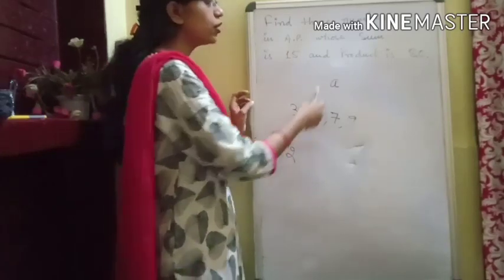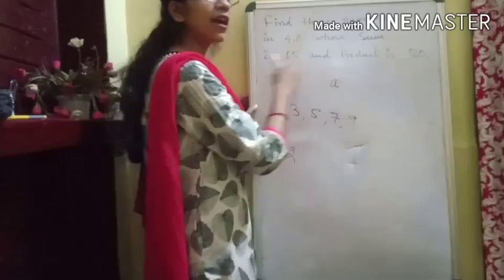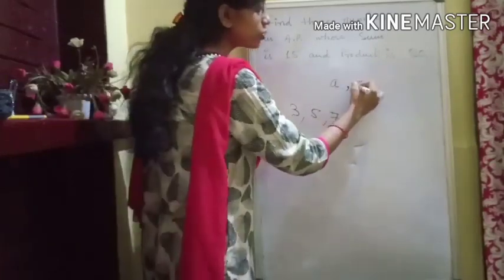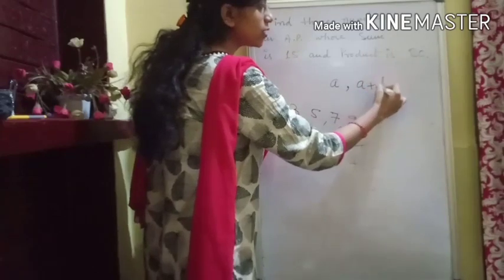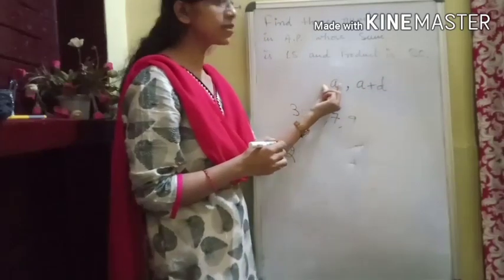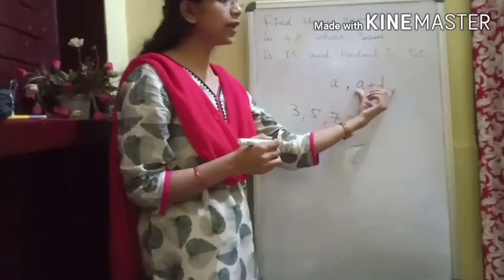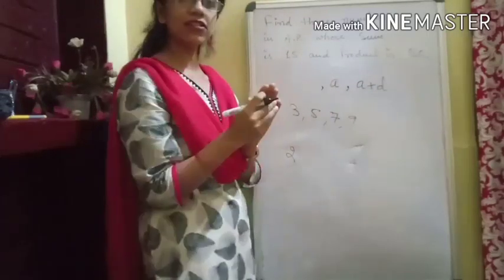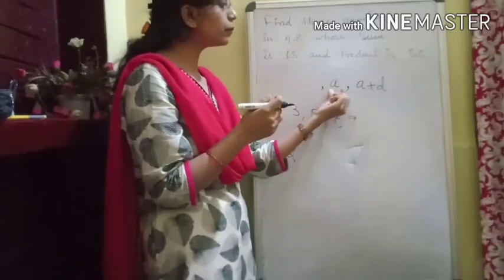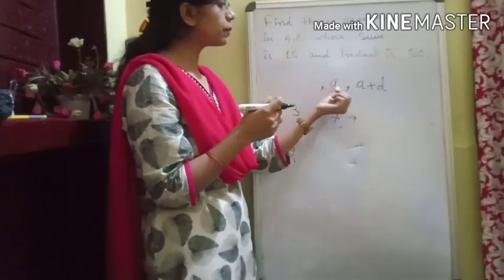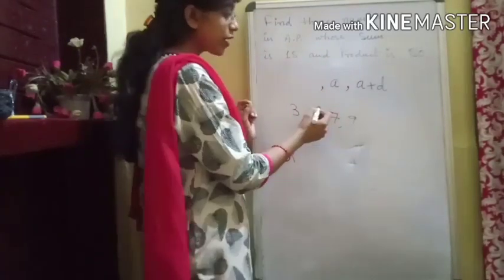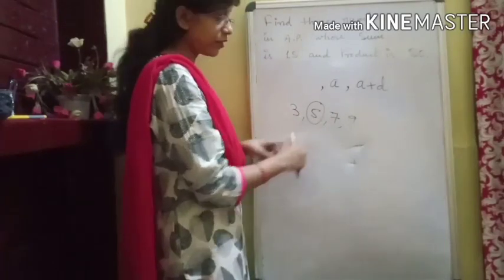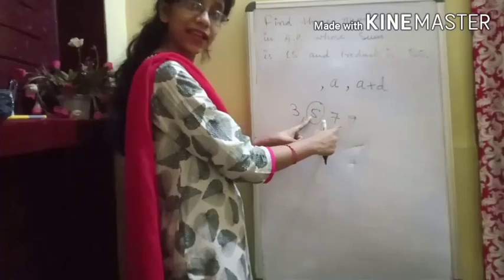Are you getting it? So if we have one term as a, how can we write the next term? It must be a plus d, because one term is a, then the next term would be a plus d. And if I ask you what would be the term preceding a, like if I have one term 5, if I add 2, which is the common difference, it will give you the next term.